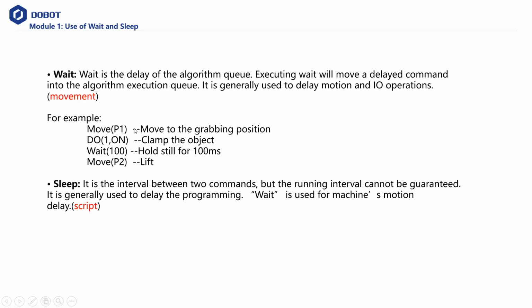So like this example, we use Move P1, DO 1 on, and Wait. Just hold still for 100 milliseconds. Next is Sleep. It's just the interval between two commands, but this runtime interval cannot be guaranteed. It's generally used to delay the program. So Wait is used for the machine's motion delay.